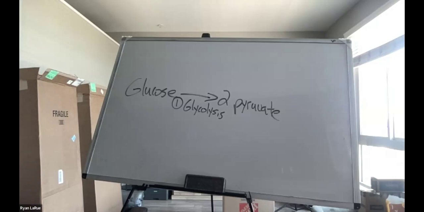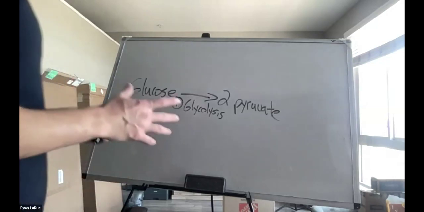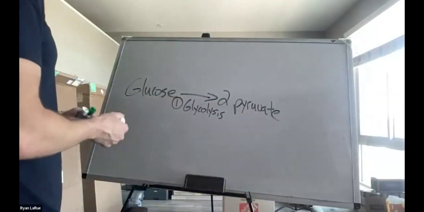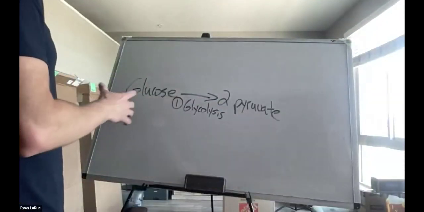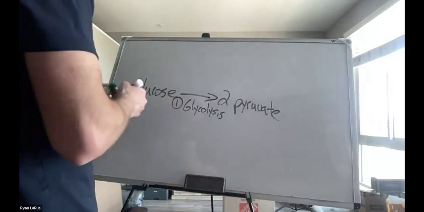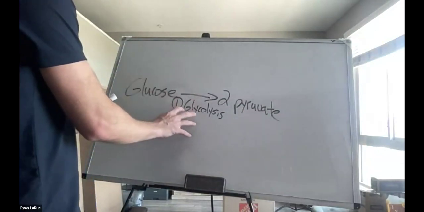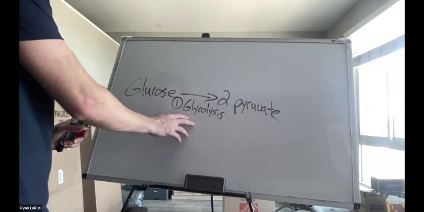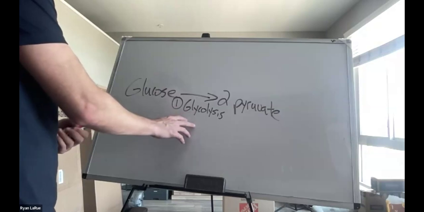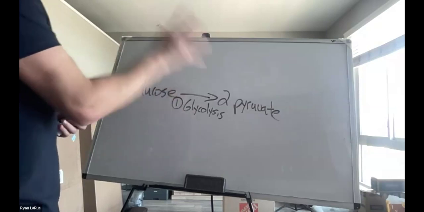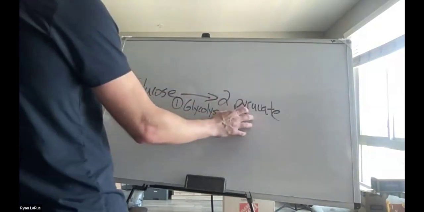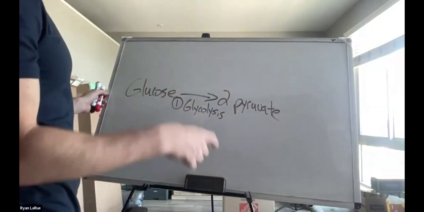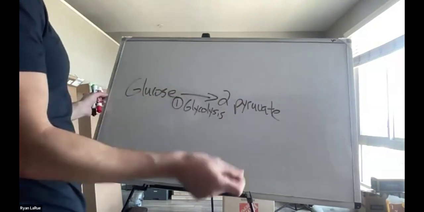Okay. And remember that from glycolysis, I'm going to emphasize something else here really quick. By the end of glycolysis, you get the 2 pyruvates. You also get 2 NADH molecules and 2 ATP.